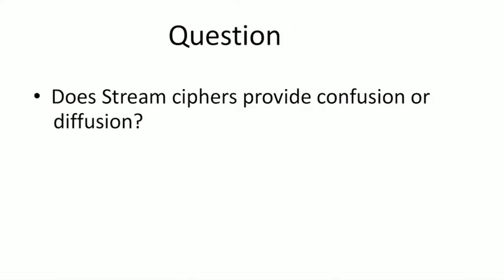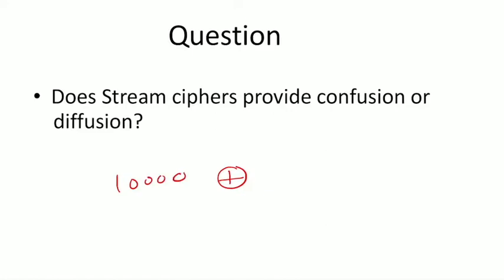So this brings us to a question: does a stream cipher provide confusion or diffusion, or does it provide both? Well, a stream cipher only produces confusion because technically it is only doing substitution. There is no transposition or permutation. If you remember, stream cipher encryption and decryption is just an XOR operation.